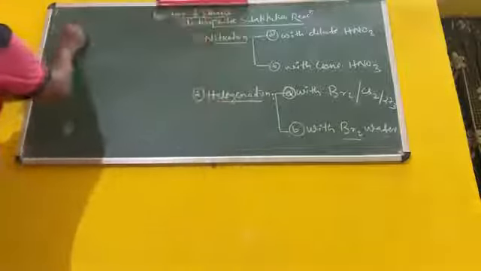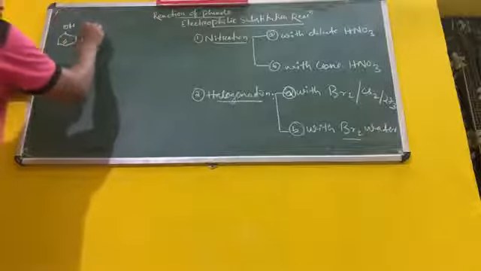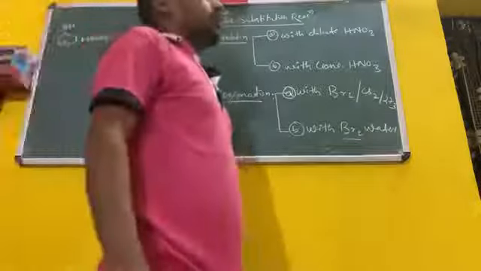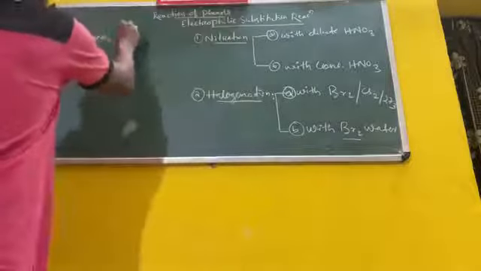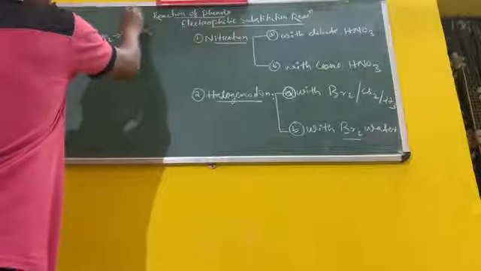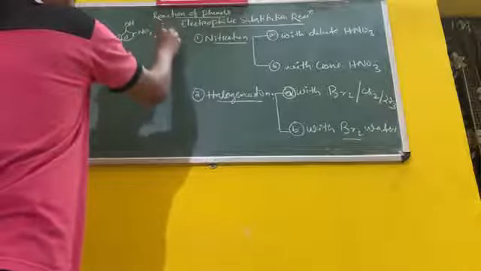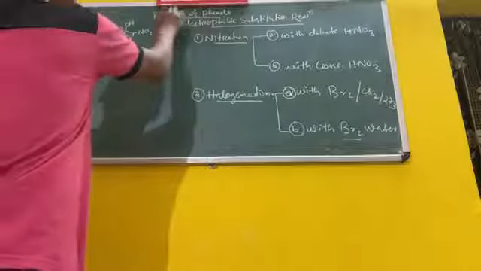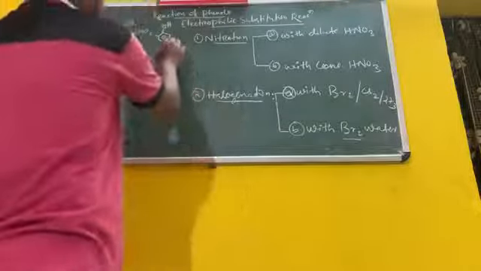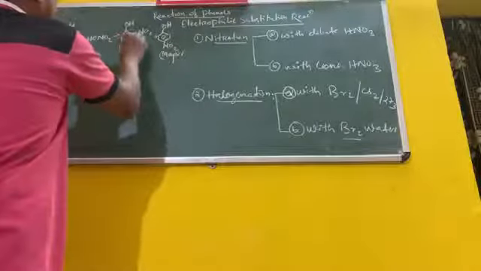Phenol, OH, plus HONO2, or you can write HNO3, will form the ortho derivative, orthonitrophenol, plus the para derivative, paranitrophenol. Which one is the major product? Para is the major product, and ortho is the minor product.